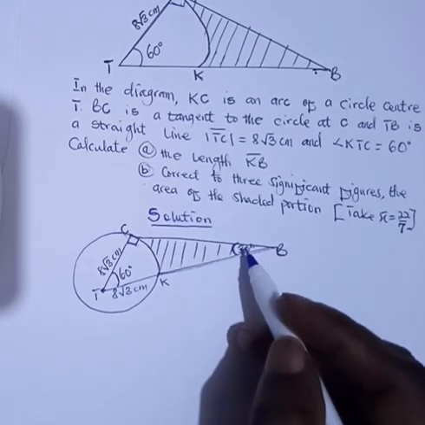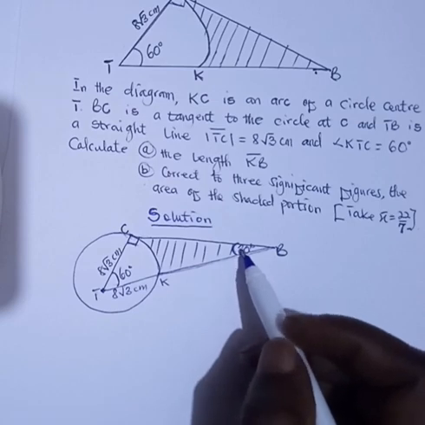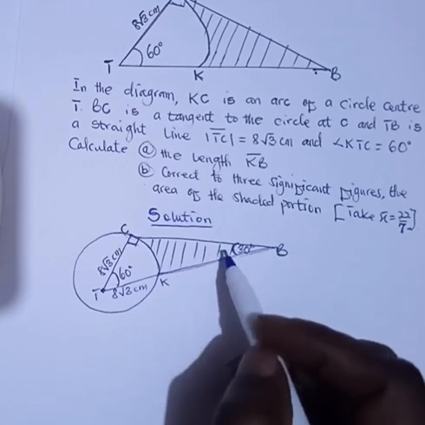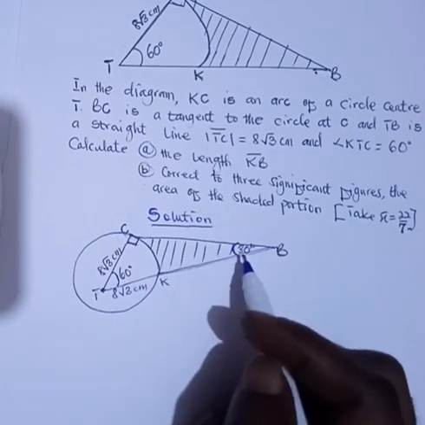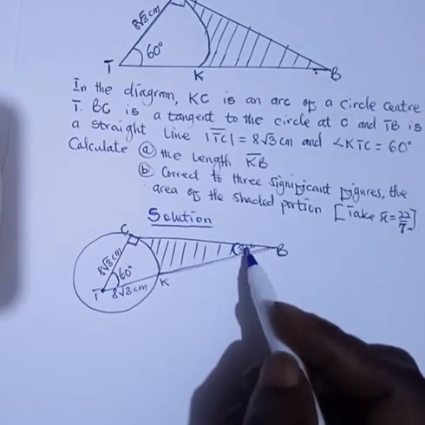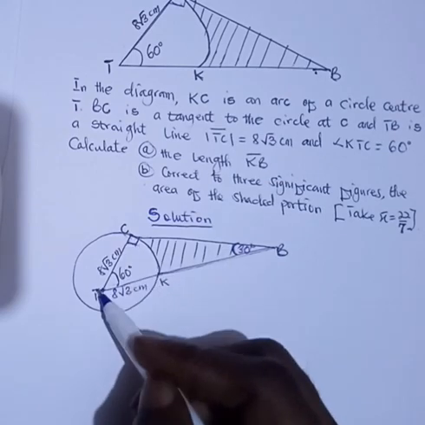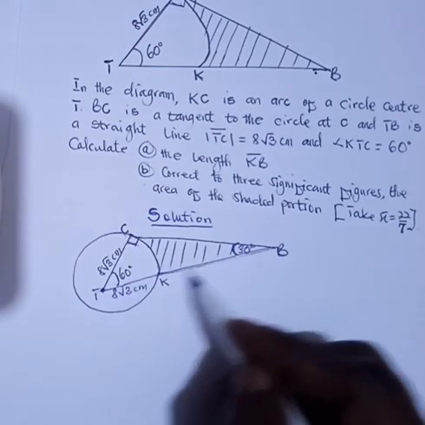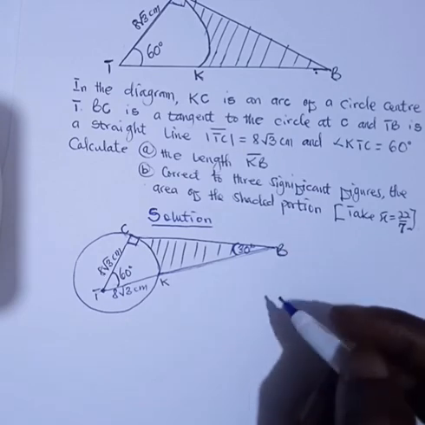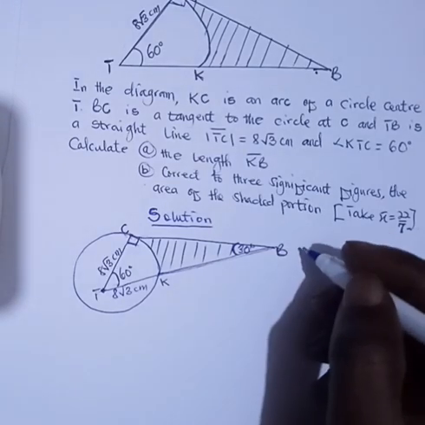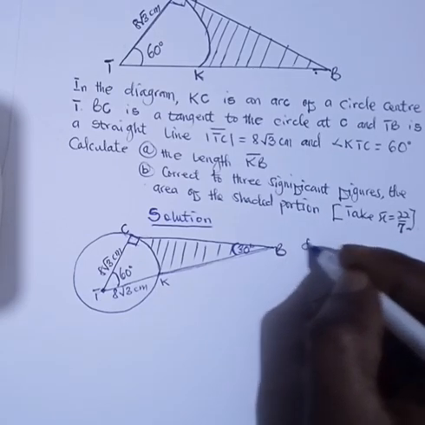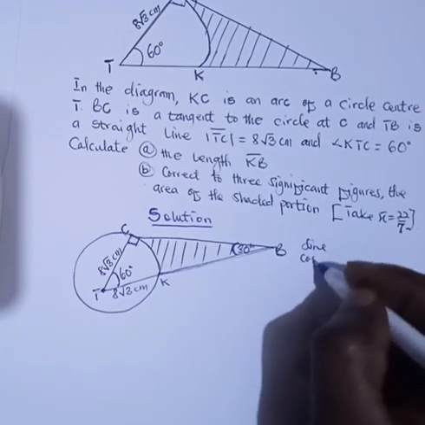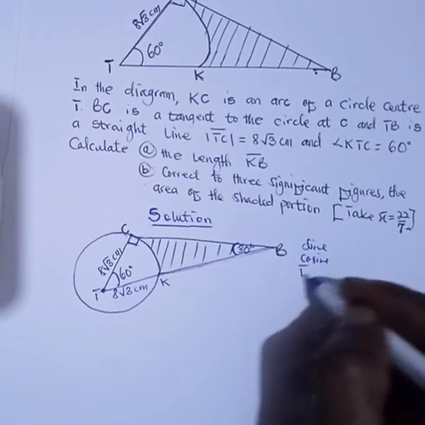But that's not what we are looking for. Because we may need this for the rest of the question, that's why we are looking at this. Since we have this angle here and we have this length here, then we can find this length here using the trig ratio. So we have the sine, cosine, and then tangent.